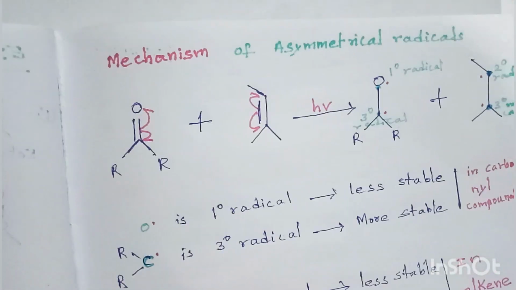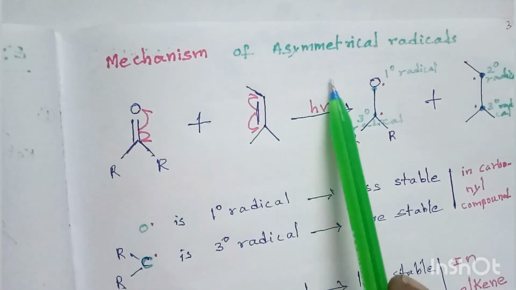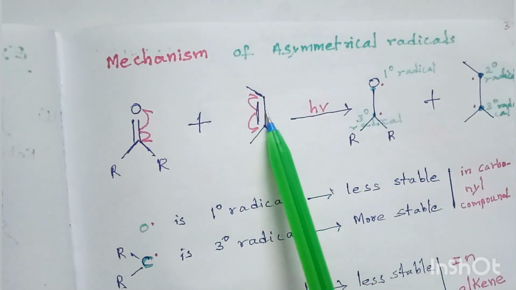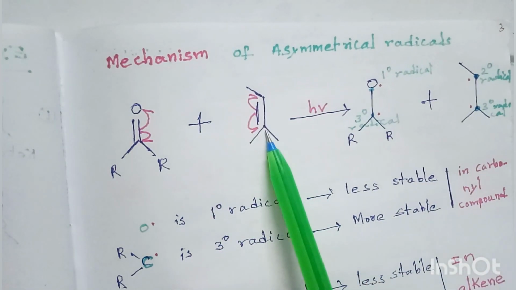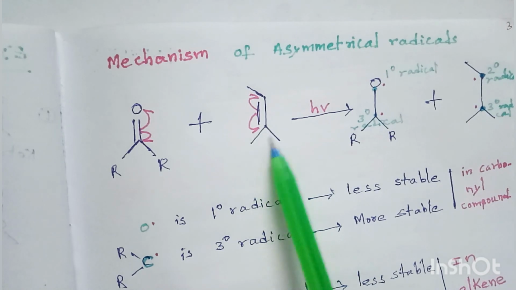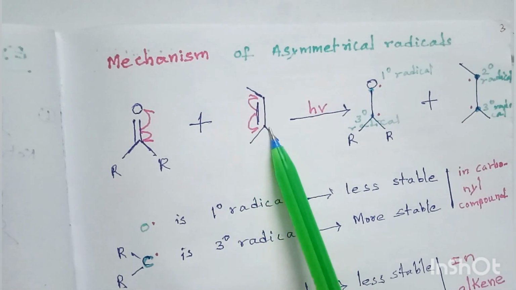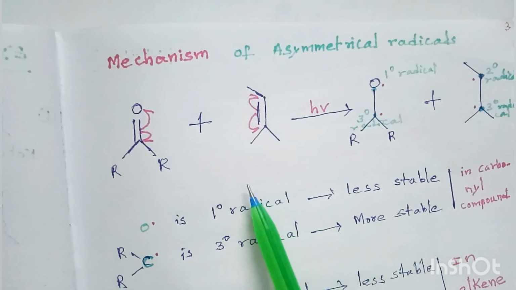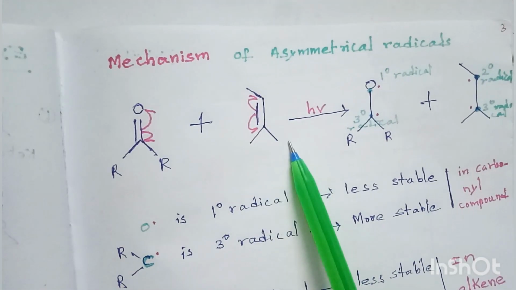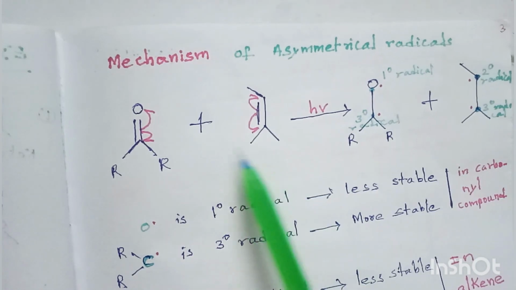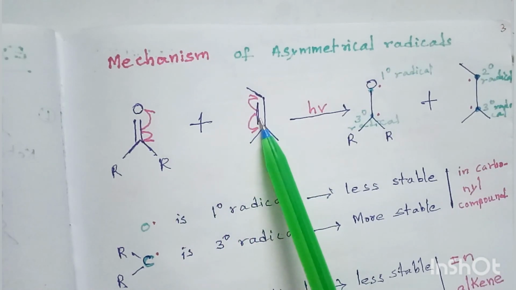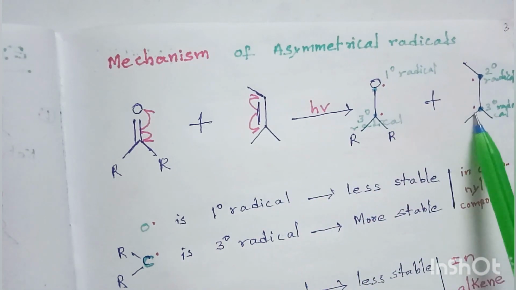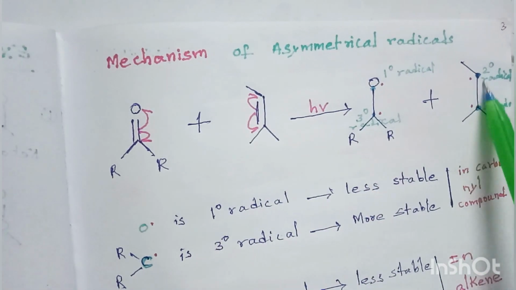Let us study the mechanism of asymmetrical radicals. When it comes to an asymmetrical alkene, this is an alkene with CH3 attached here and CH3 and CH3 attached here. So when this pi bond cleaves, it gives two radicals.